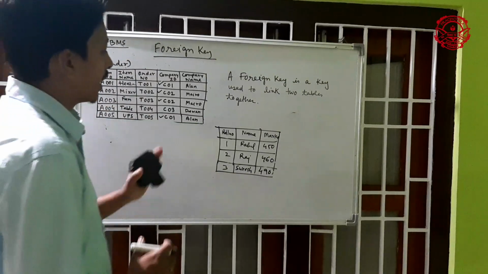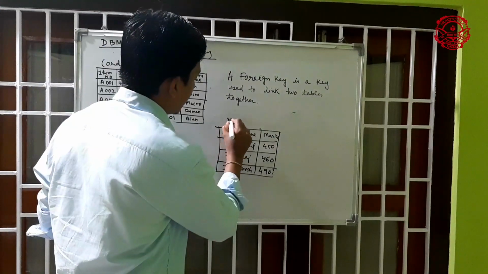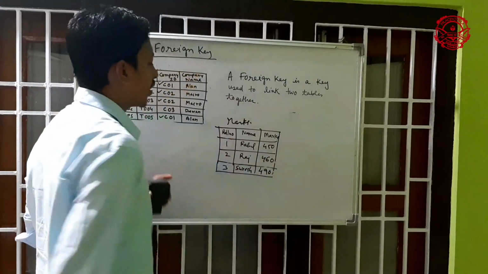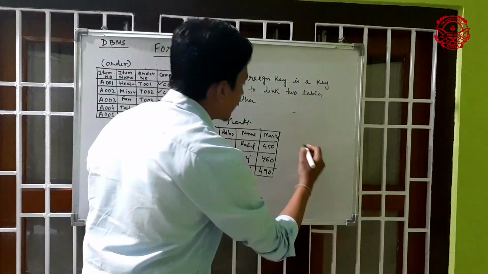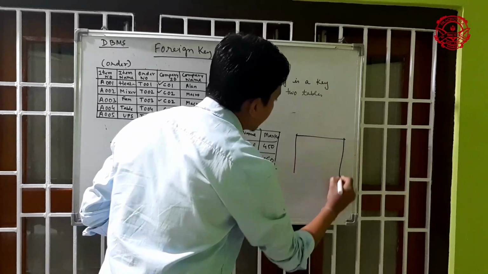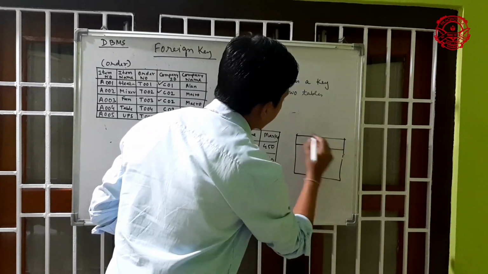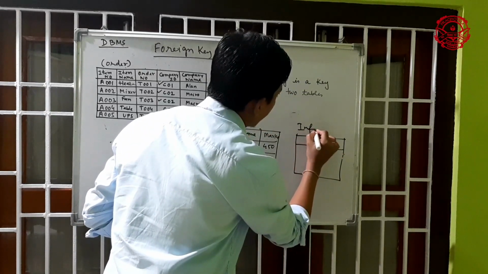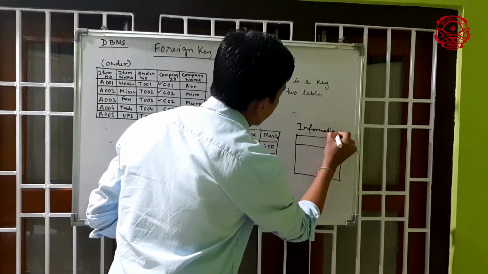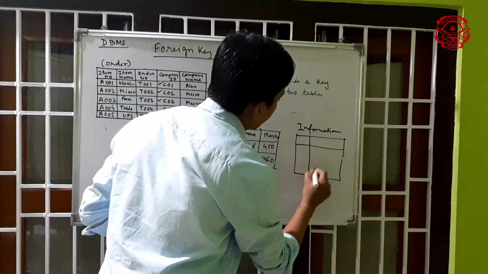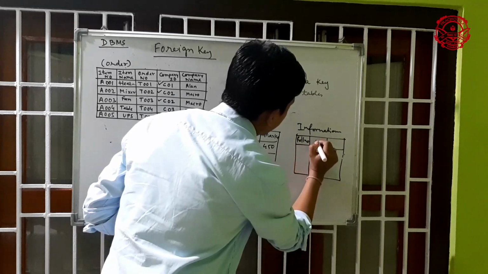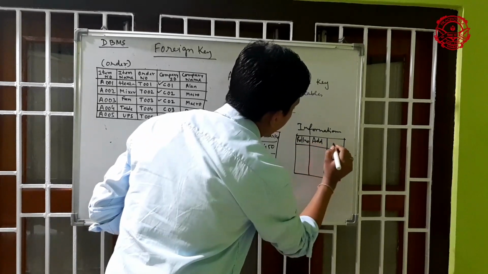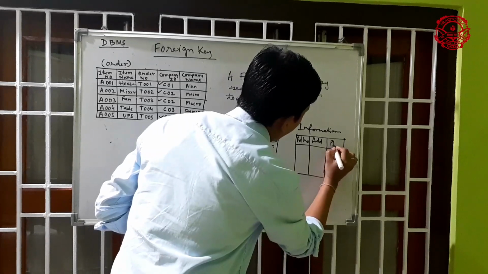Now see, this table contains the marks of the students. Now I am going to link this table to the student information table. Here there is again the roll number, the student's address, and the student's phone number.